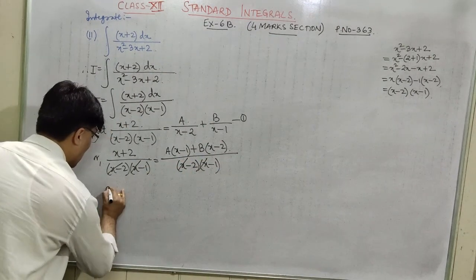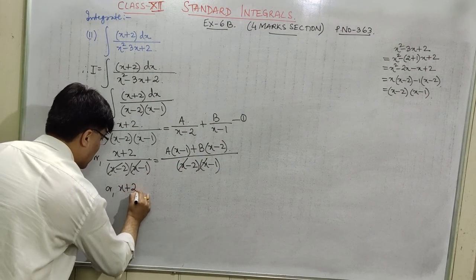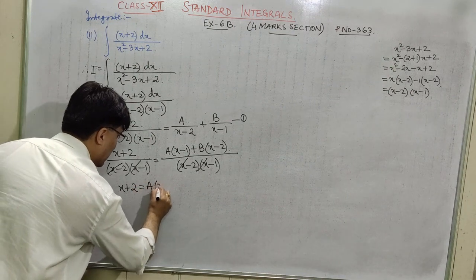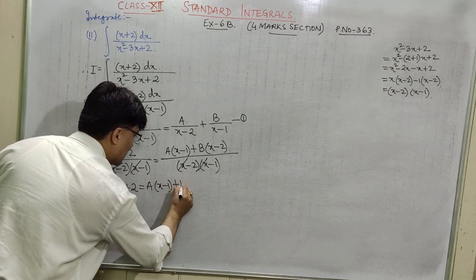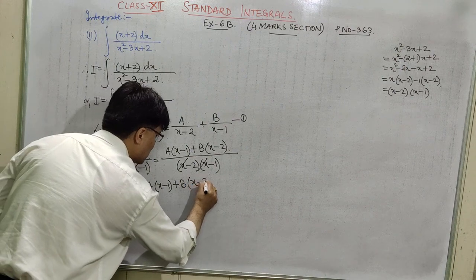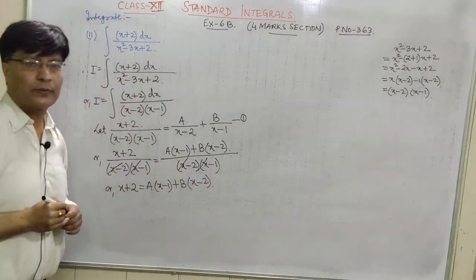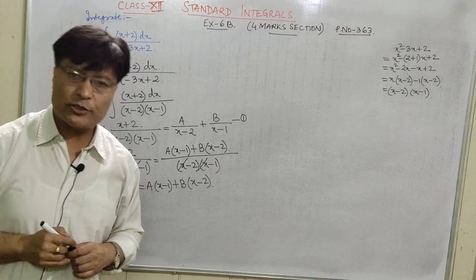Cancelling the LCM, we get x plus 2 is equal to A into (x minus 1) plus B into (x minus 2).